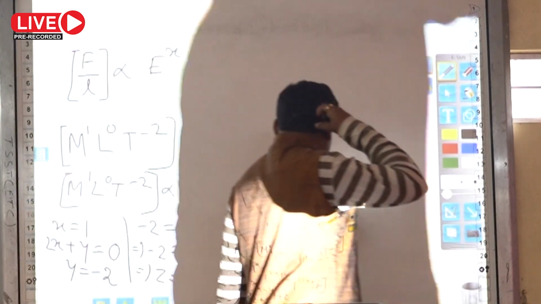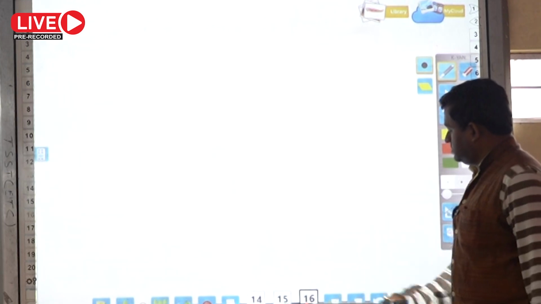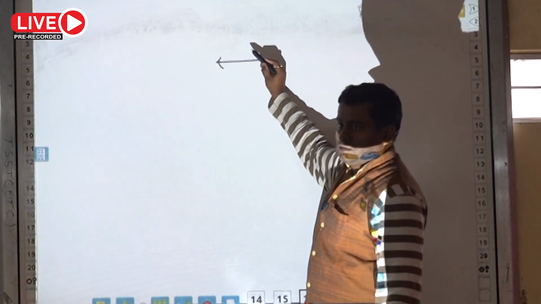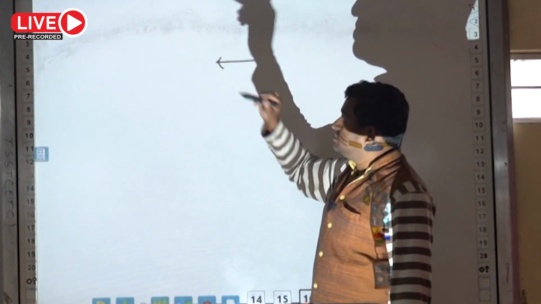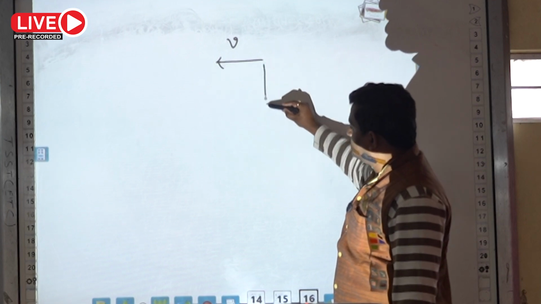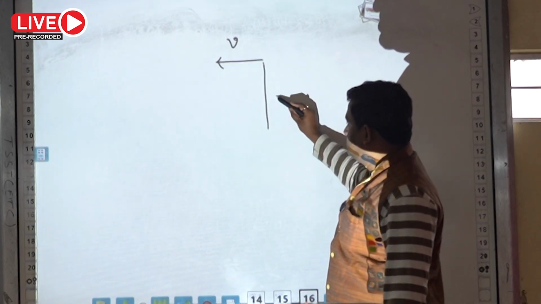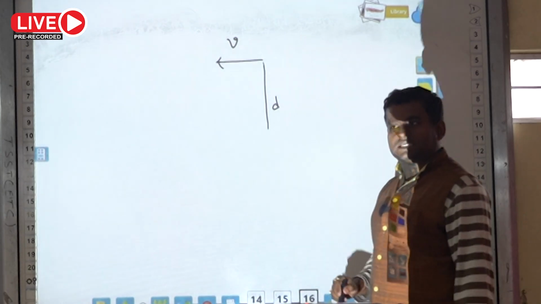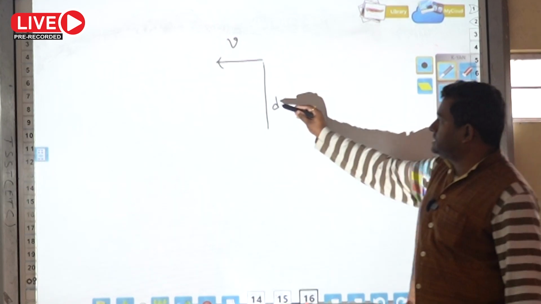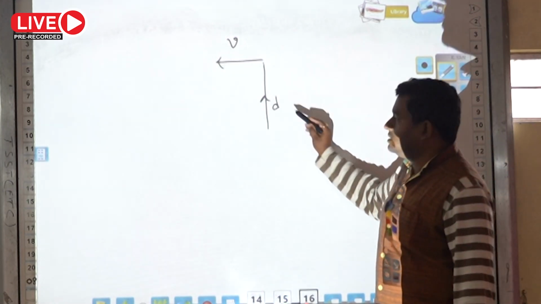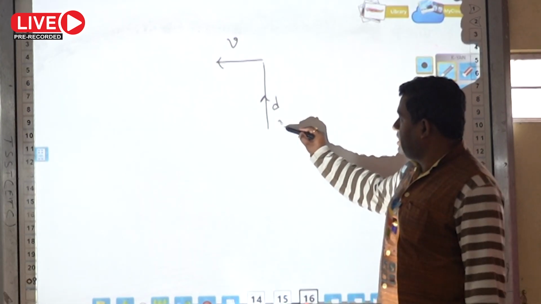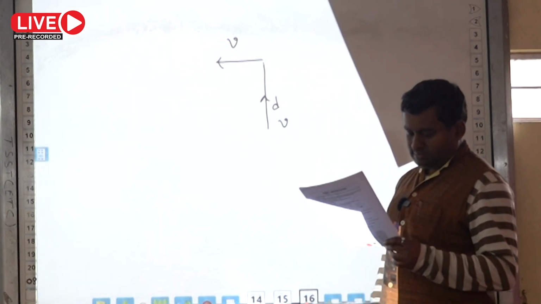First ship moving west with speed v. Next ship is initially at a distance, say d, and now it starts moving along this direction with the same speed v.